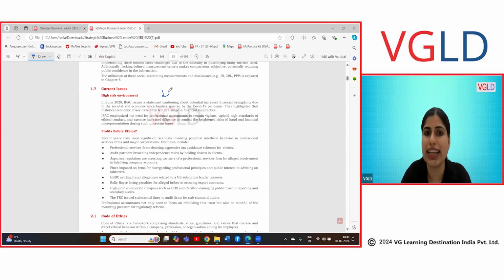So yes, considering past examples, a professional service firm devising aggressive tax avoidance schemes for clients. See, we are accountants, most of you are chartered accountants, so you know that you are guiding your clients on how to invest in certain areas to save money, and that is fine because it's our duty to guide, but in an ethical way.